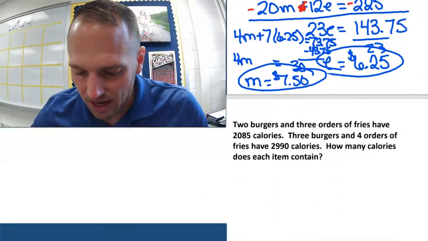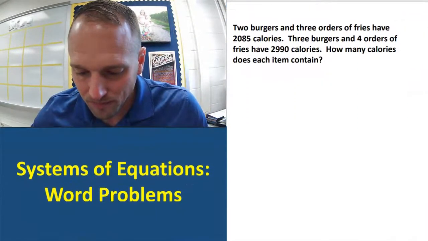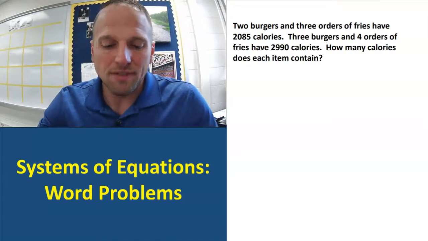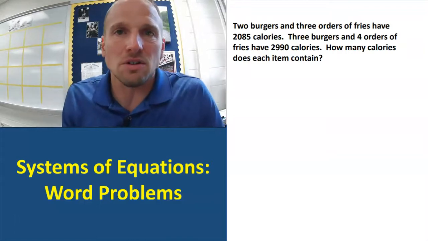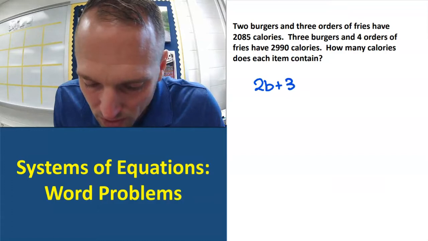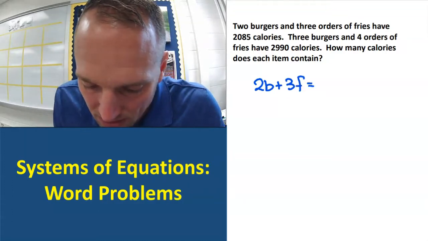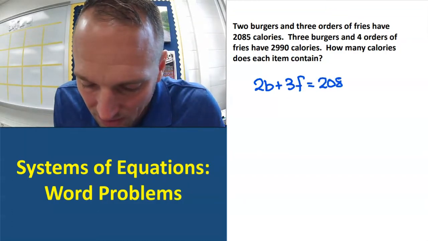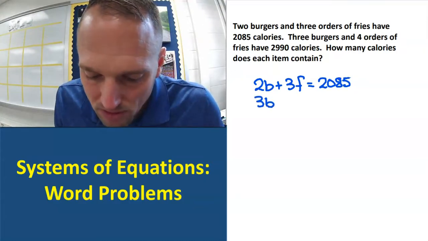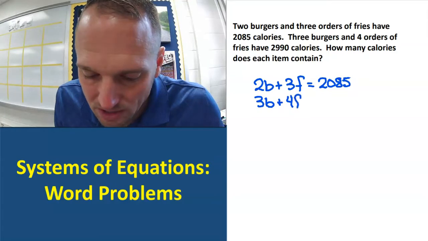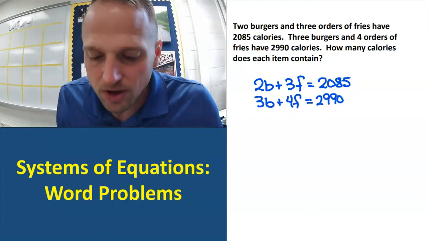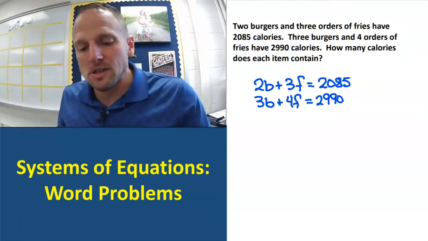Let's see. Yeah, we've got one more problem here. Okay, 2 burgers and 3 orders of fries have 2,085 calories. Let's write this down. 2 burgers plus 3 orders of fries have 2,085 calories. 3 burgers and 4 orders of fries contain 2,990 calories. Okay, how many calories does each item contain?